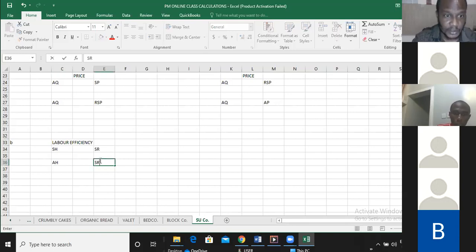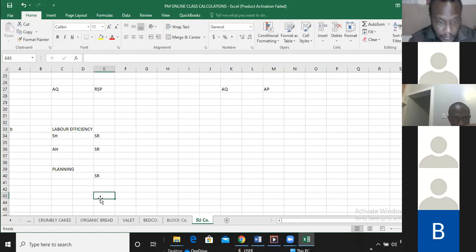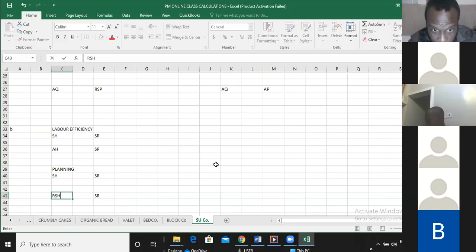So we want to break this down into its planning and operational components. So we'll do the same thing. So planning will be, we're comparing, so standard rate is constant. And then we have our standard with revised standard. So standard hour and revised standard hour. And then for the other parts, we have our operational on this side.